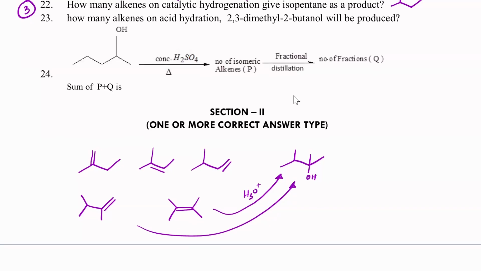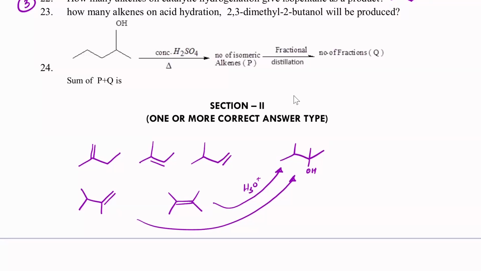Okay. So in the case of 2,3-dimethyl-2-butanol, we can have only this 2, 3. Did I miss anything? One more will be produced, 2,3-dimethyl-2-butanol. So the structure is correct.